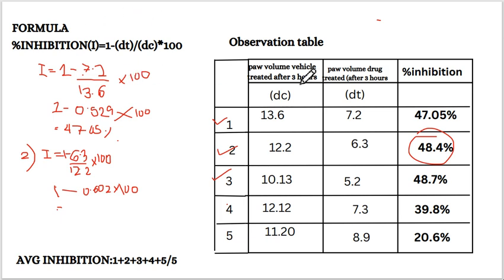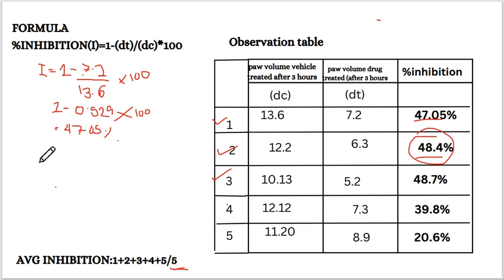Now after that, this is not the answer. You have to calculate the average. So I'll just show you how to calculate the average here. For averages, you will have to take the mean, that is, I'll be taking 47.05%, 48.4%, all these and just divide by 5.